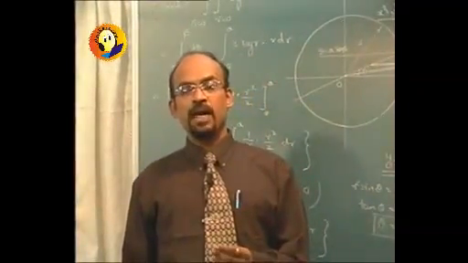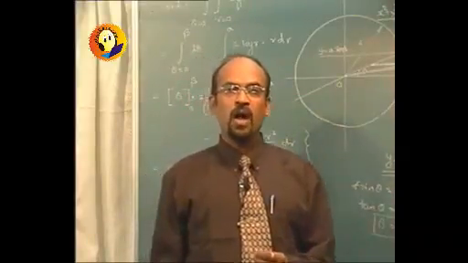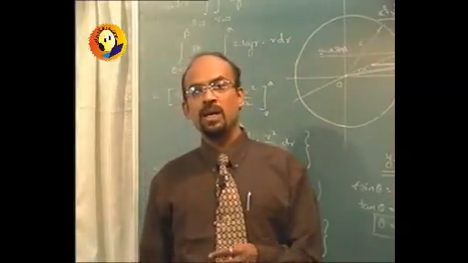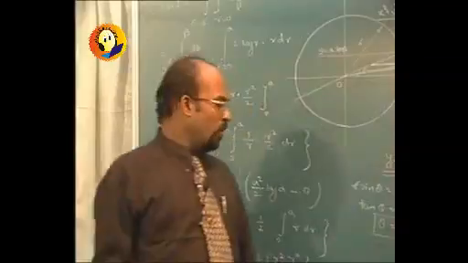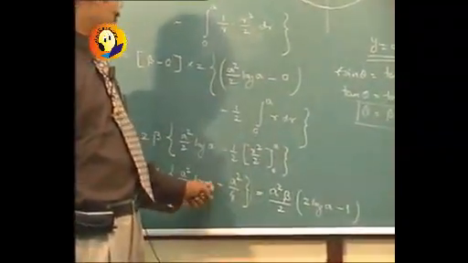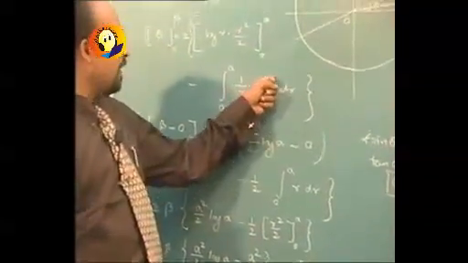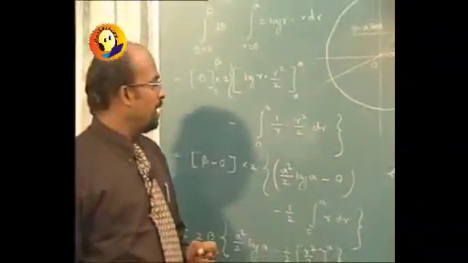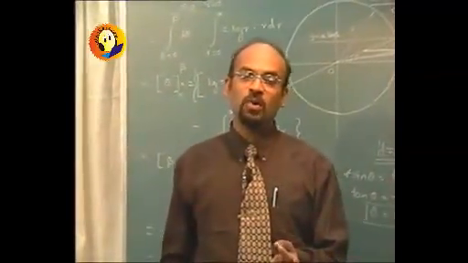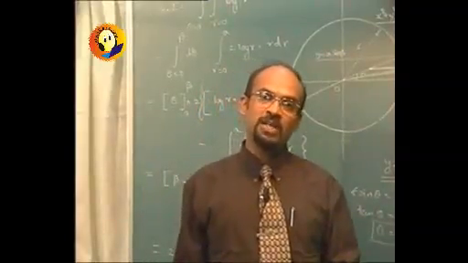The first term can be very easily written as a square log a upon 2, and the second term, when we substitute the limits and integrate it, we got it as 1 upon r into r square by 2 dr. And so r cancels out, half can be taken outside, and again the second integral will turn out to be simply integral r dr, which after integration gives us the value as a square by 2.